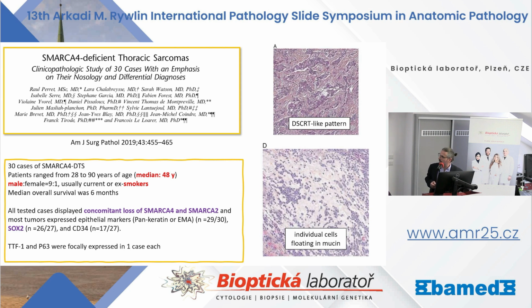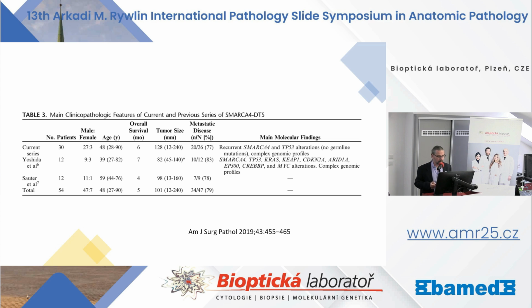They also described variant patterns of this disease with this nice desmoplastic small round cell tumor pattern and myxoid background, or even this pattern with individual cells floating in mucin. They also summarized the genetic findings from previous works, and this is the table.